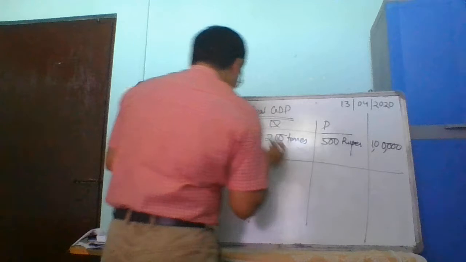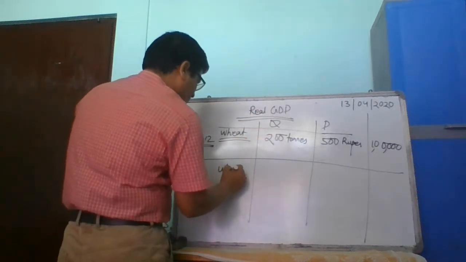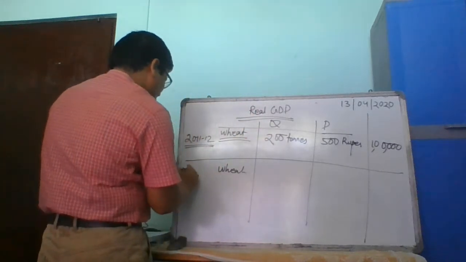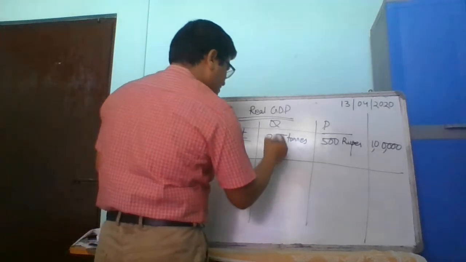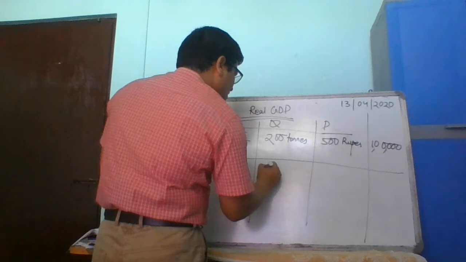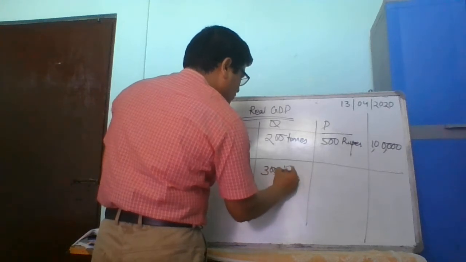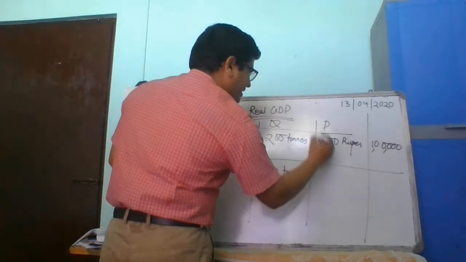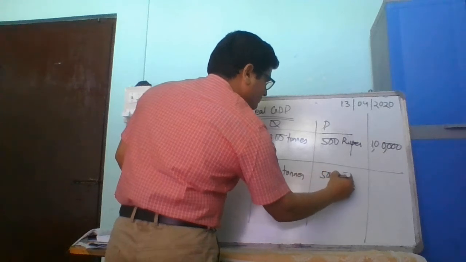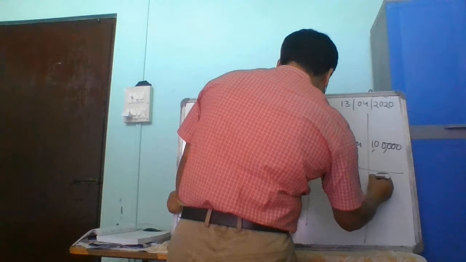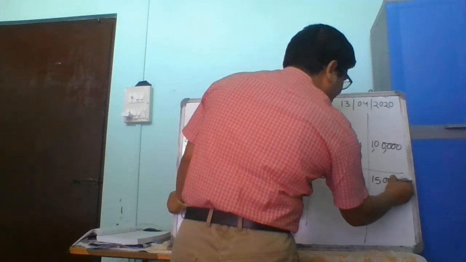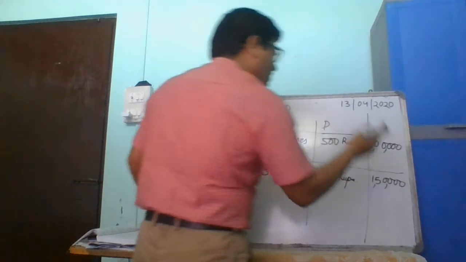For 2019-20, the accounting year, suppose the same wheat, 300 tons are produced, and the price is the same, 500 rupees. That means 1,50,000.